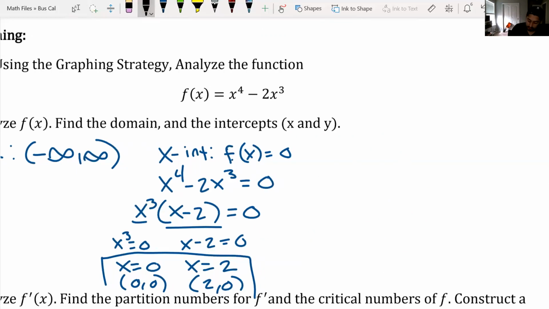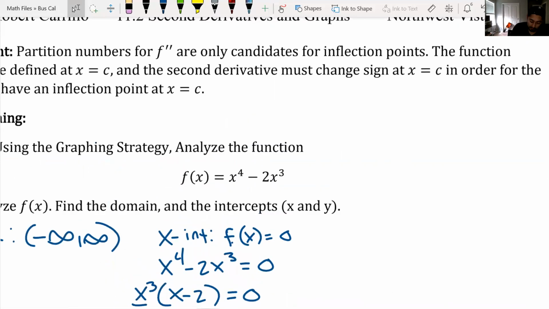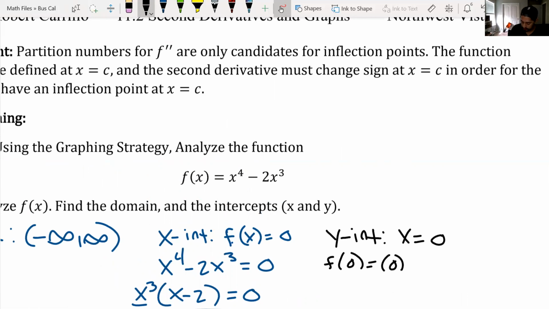Y-intercept: we let x equal 0. So f of 0 gives me 0 to the 4th minus 2 times 0 cubed. All of that just gives me 0.